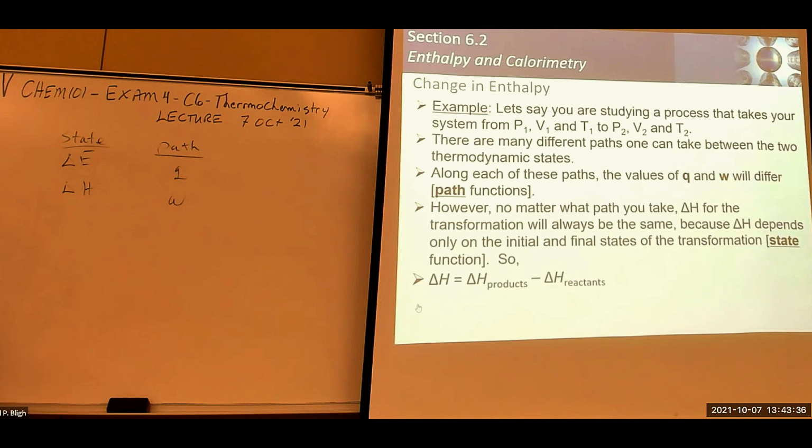So the nice thing about that is, if we know the enthalpy for the products and we subtract the enthalpy for the reactants, we can determine the enthalpy for the reaction itself.